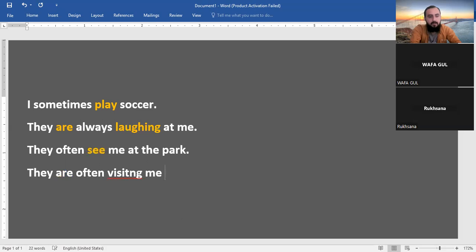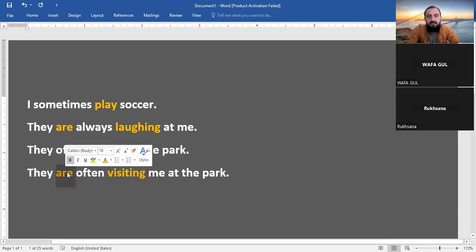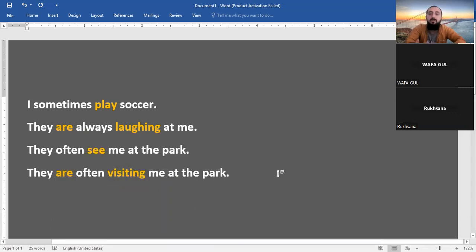So here we have two words now, one is are and the other is visiting. So I use the word often, which is an adverb of frequency, after this auxiliary verb and before this main verb. So if you have main verbs, they should be used before main verbs.